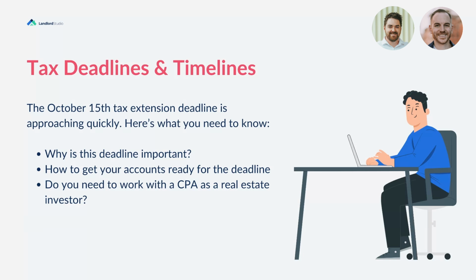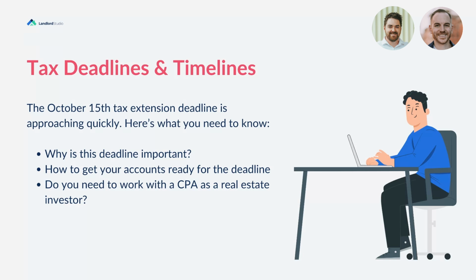Why would a real estate investor usually have this tax deadline? As a real estate investor, you're either going to be filing your properties on Schedule E of your Form 1040, which is due on the 15th, or, if you are a partner in various deals or ventures, you will be receiving a K-1.